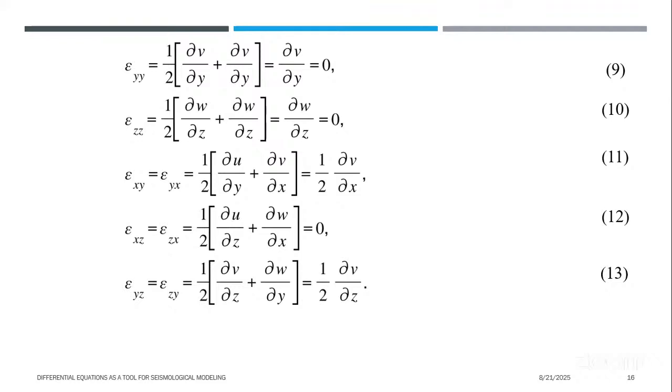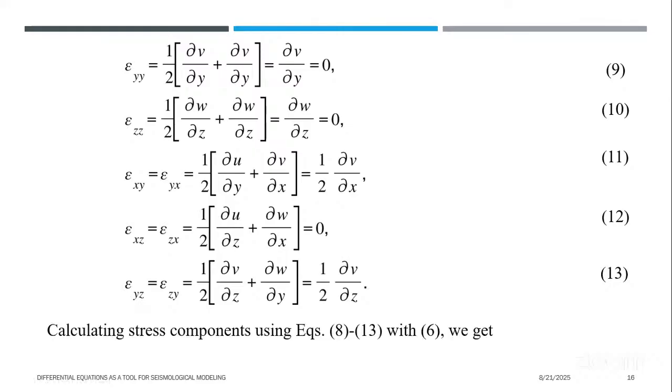Now there are different shear strains, xy, xz, yz. If you calculate based on the condition of Love wave propagation, you'll be able to get that epsilon xy is something depending on v with respect to x, and then epsilon yz depending on the v partial derivative with respect to z.